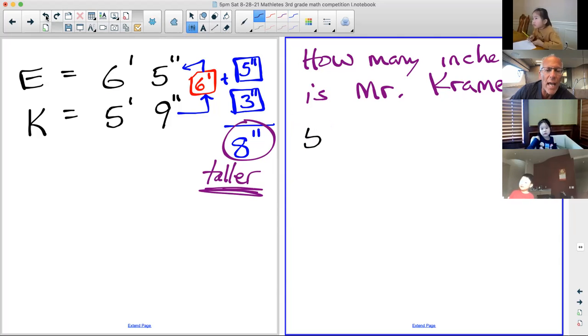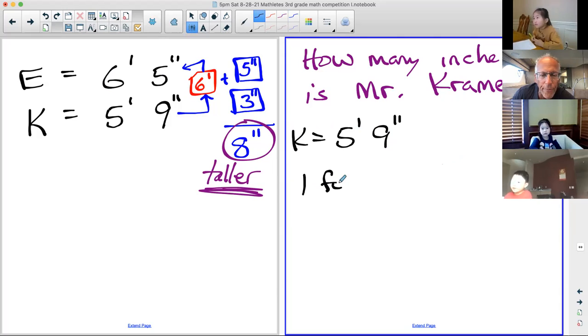Well, actually, let's use algebra. K equals 5 feet 9 inches. So how many inches are there in 1 foot? So 1 foot equals how many inches? Everybody say it on 3. 1, 2, 3, go.